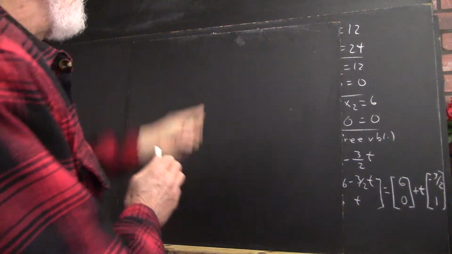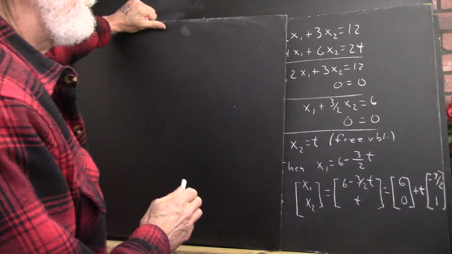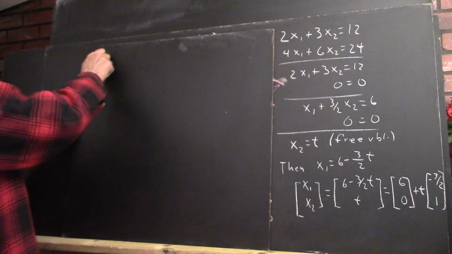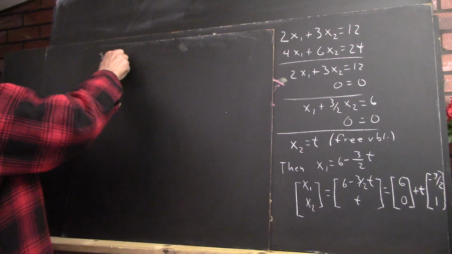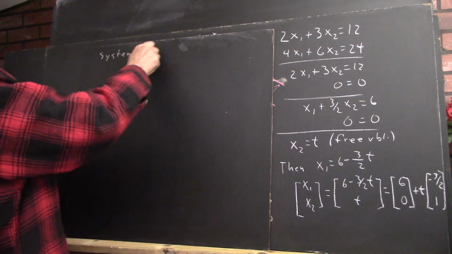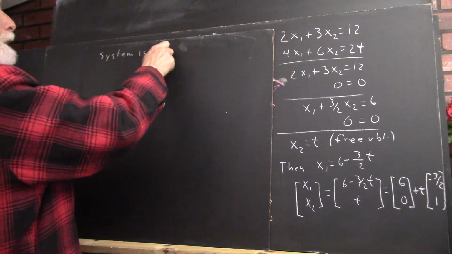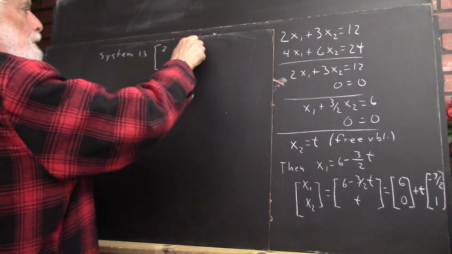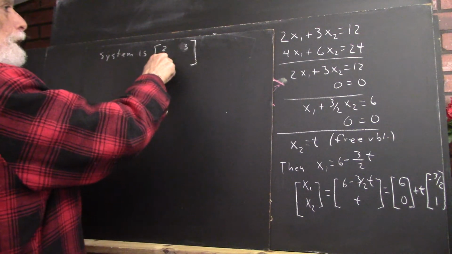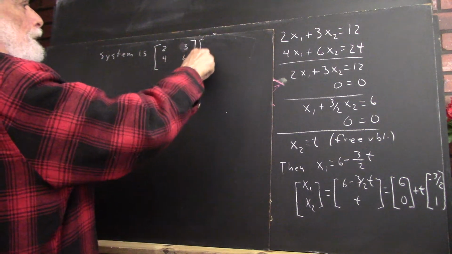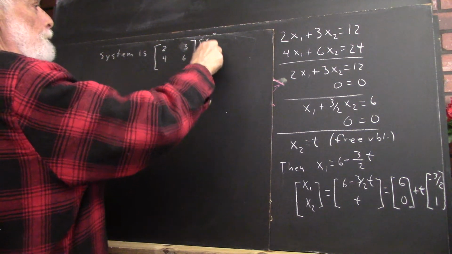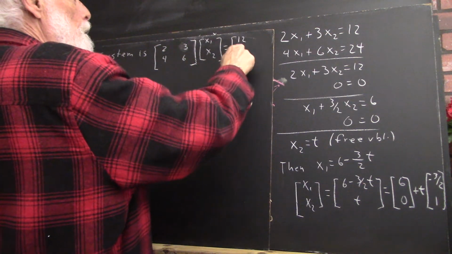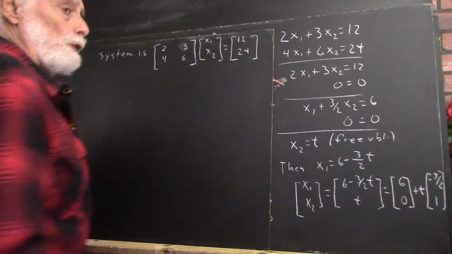Okay, well, the system can be written as a matrix equation 2, 3, 4, 6 times x1, x2 equals 12, 24.